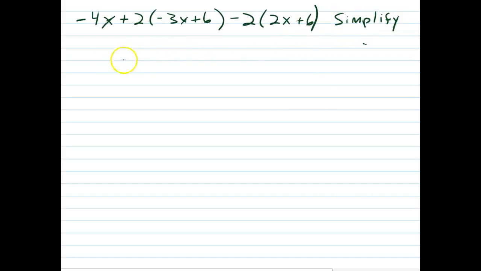Whenever we're trying to simplify an algebraic expression, what we're first going to do is remove any parentheses. And the way that we remove parentheses in algebra is we use what's called the distributive property.